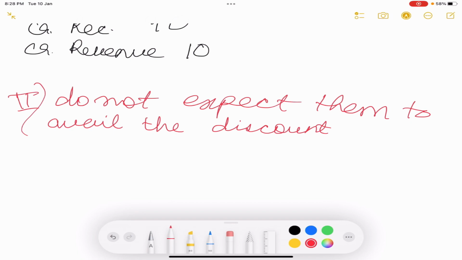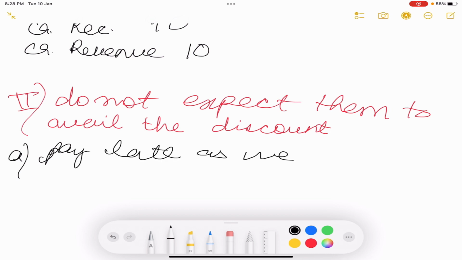It's our anticipation that they will not be availing the discount because they will not be paying on time. Again, there will be two cases. The first one is they pay late as we expected. Whatever we thought is what happened, and they pay late.